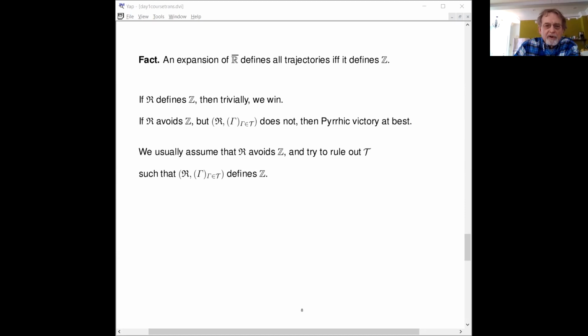All right, so if our base structure defines the integers, then again, trivially we win. Why? Because all trajectories are already there, so we can't add any more new ones. So there's nothing there. If we started with something that avoids Z, but then we add some stuff and we do get the integers, then we might say we've won an instance of the game, but it's a Pyrrhic victory at best.